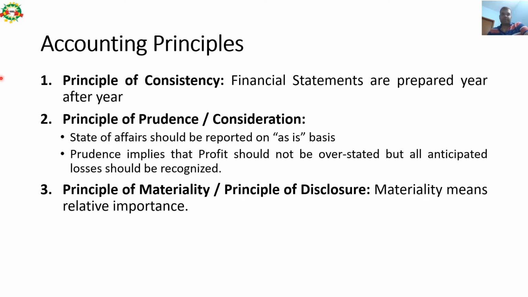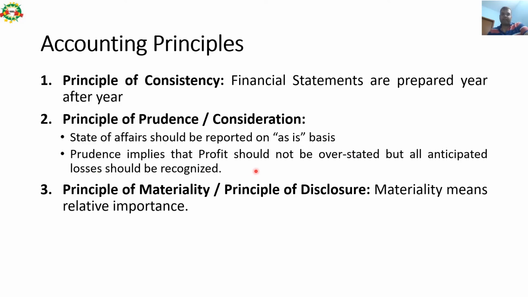Accounting principles: principle of consistency. What does it say? It talks about financial statements being prepared year after year. So as per this principle, financial statements are prepared year after year. Then the next accounting principle is the principle of prudence or conservatism. The state of affairs should be reported on an as-is basis.